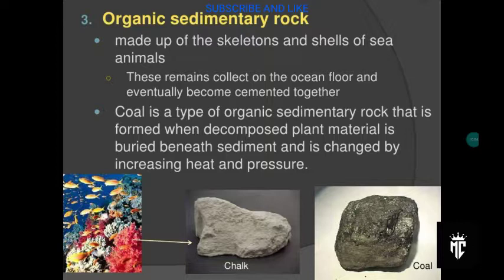Organic means it is formed from the remains of dead plants and animals, or it is made up of the skeletons and shells of sea animals or microorganisms, the dead remains of plants and animals.